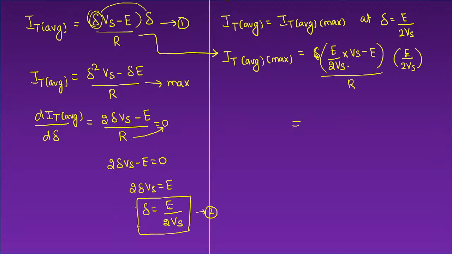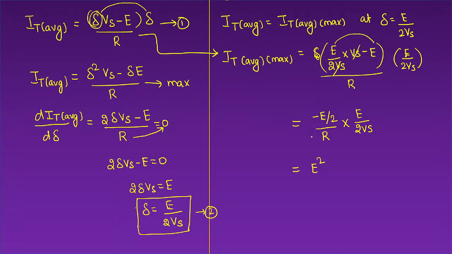So from this we can cancel these Vs. So I can say E by 2 minus E will give you minus E by 2. In the denominator we have R into E upon 2 Vs. So this E into E will become E square.